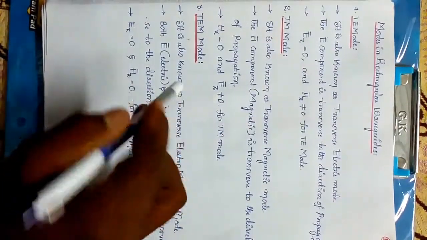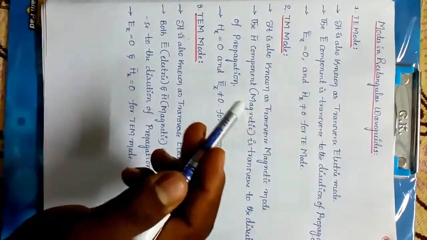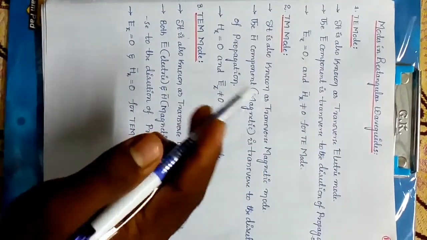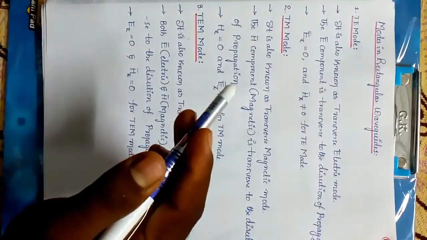These modes exist, as already explained in the outline of the rectangular waveguide, where we discussed checking of modes.